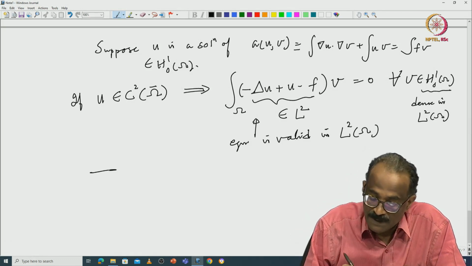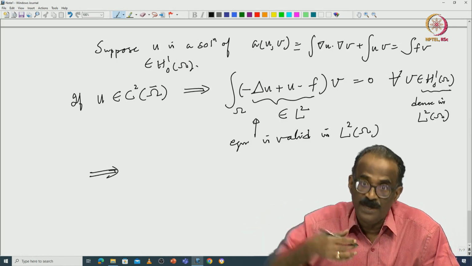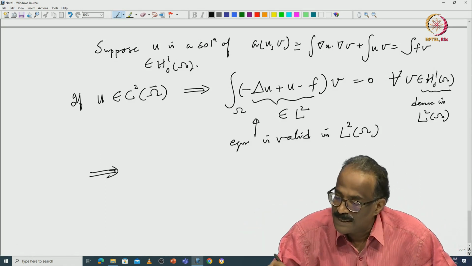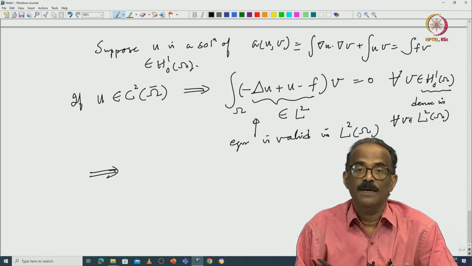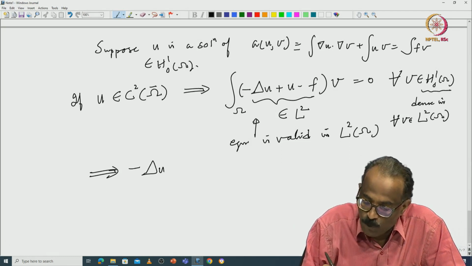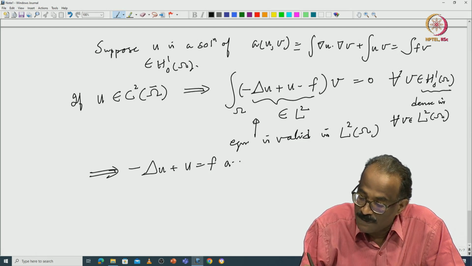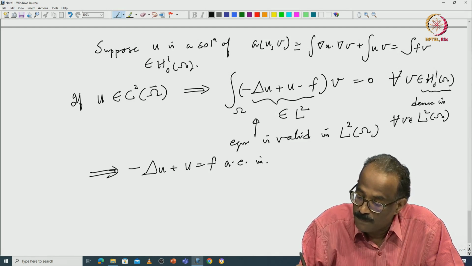So, you have an integral of two L2 functions for all v in L2 of omega. That implies minus Laplacian of u plus u equal to f almost everywhere in omega.